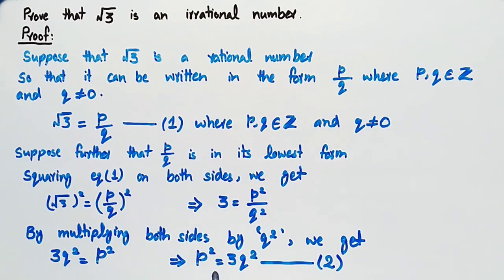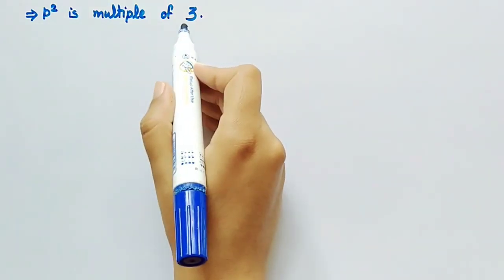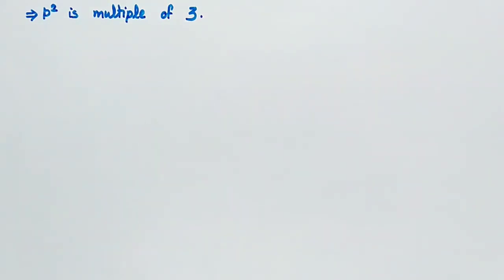P square is equal to 3Q square means that P square is a multiple of 3. So we can write P square is a multiple of 3. If square of a number is a multiple of 3, then the number itself is also a multiple of 3.